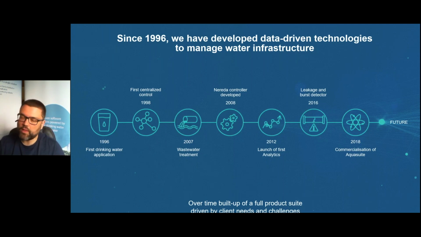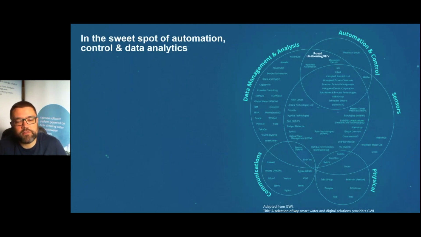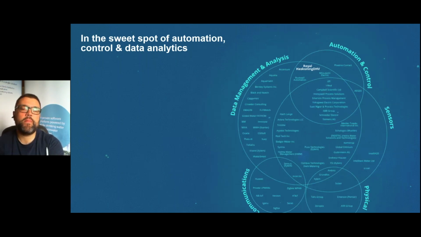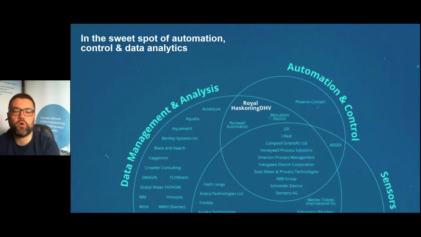That's our role. A really nice infographic which recognizes this is a piece of research done by GWI, Global Water Intelligence, and they mapped the water and the smart water market, looking at where different companies fit. And where they mapped Royal HaskoningDHV, in particular Aquasuite, was in this nice spot between data management and analysis and automation and control. And it's really nice to recognize that's our aim.